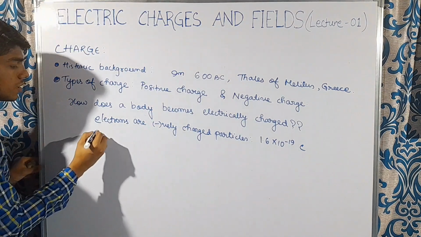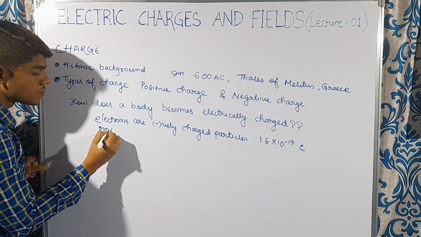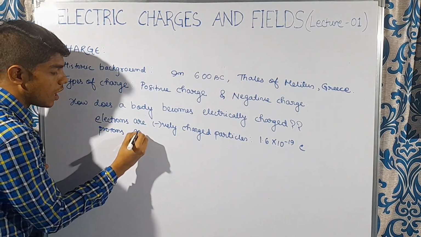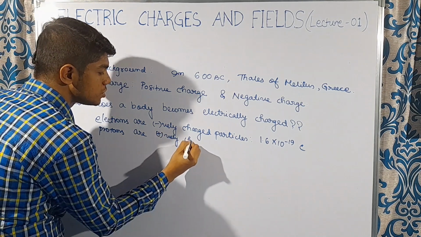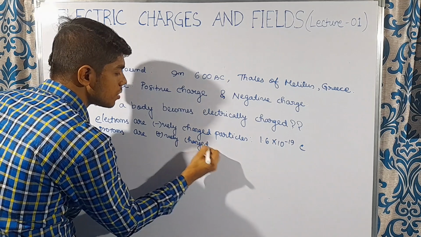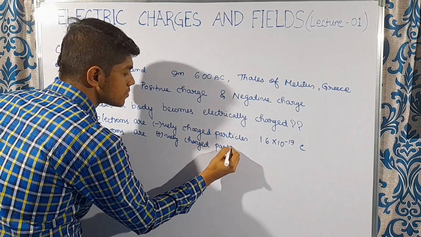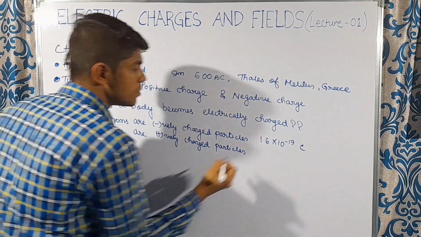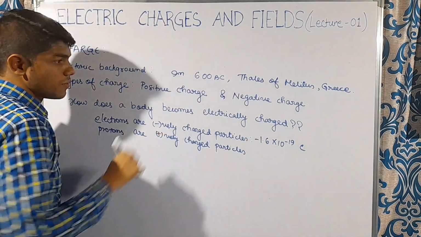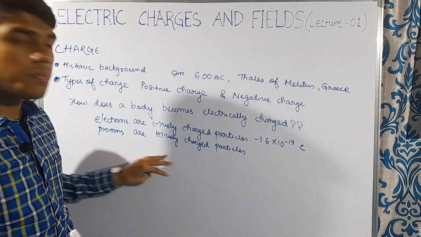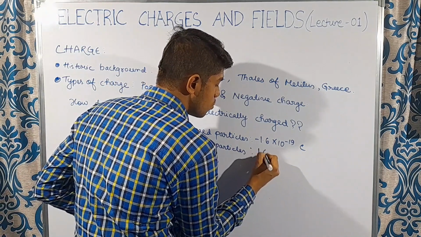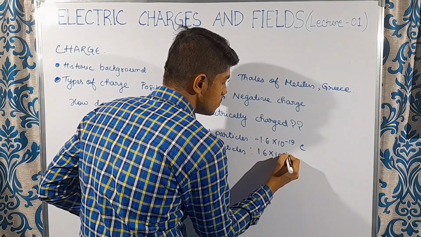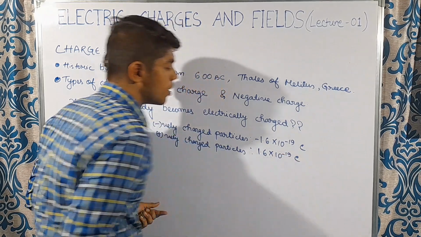On the other hand, the protons are positively charged particles. This will actually be minus 1.6 for electrons because they are negatively charged, and protons are positively charged particles having a magnitude of plus 1.6 into 10 to the power minus 19 coulomb.